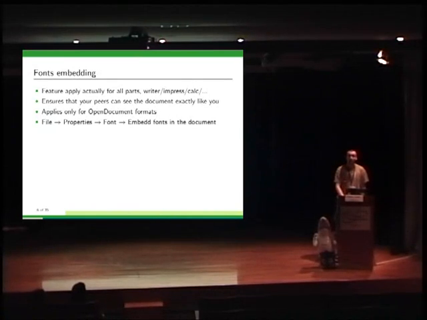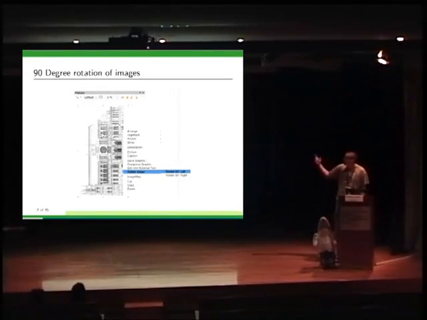So we have more features in Writer. One of them is working with images. How do you usually rotate your image correctly? You move the handle and rotate it by some number of degrees, usually 90, 180, 270, but usually you don't want any crazy value in between. So now we provide a nice rotate image feature. Currently it has only 90 degrees because it was easiest to implement in the current code, and the following ones like 180 and 270 will be implemented in the next version.